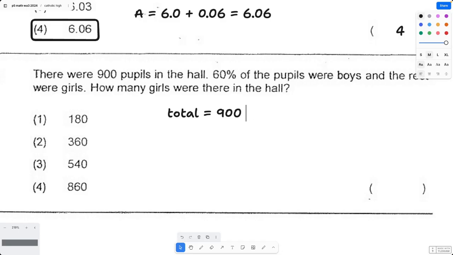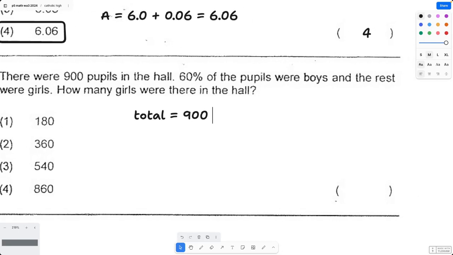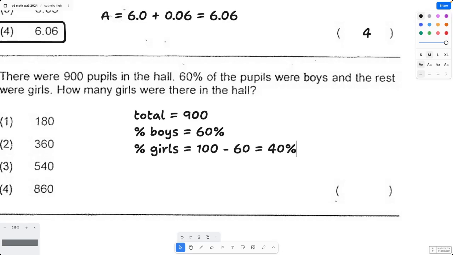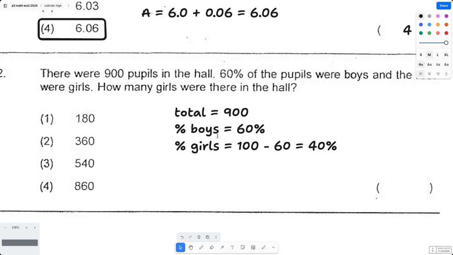The percentage of boys is 60%, and the percentage of girls is 100 minus 60, which gives us 40%. Here 100 means the total percentage, minus 60 for the boys.